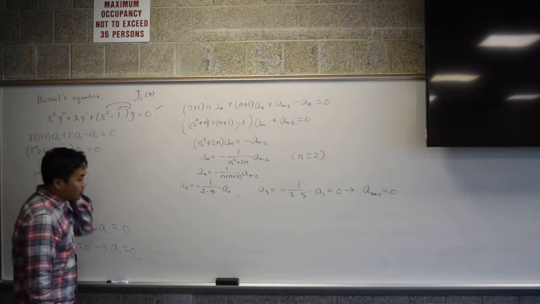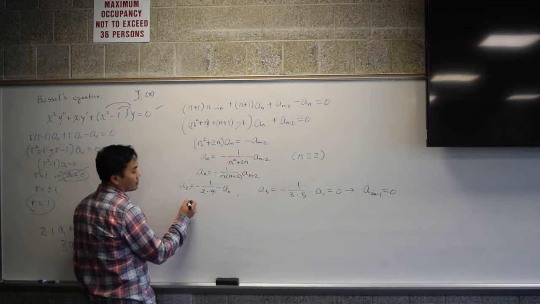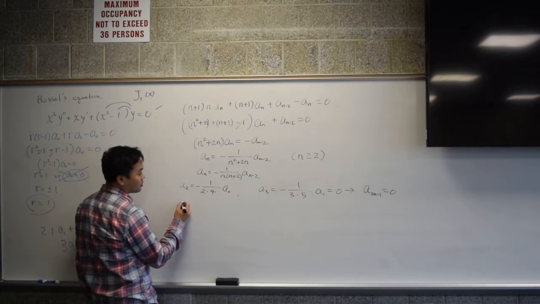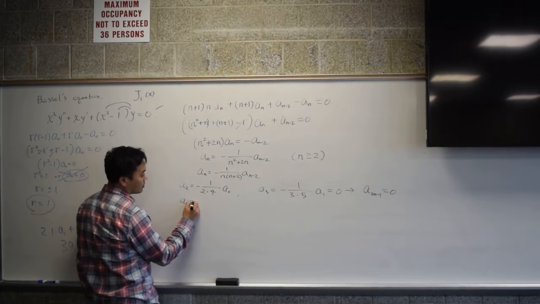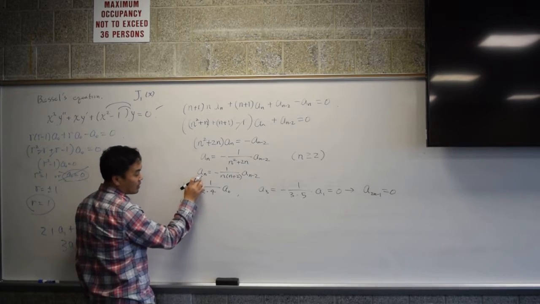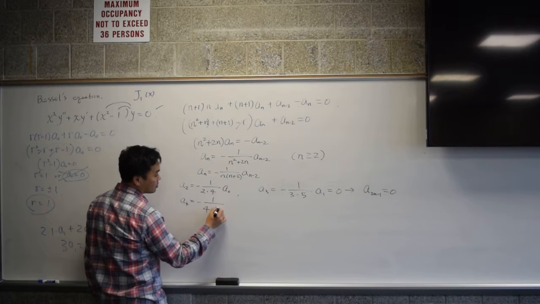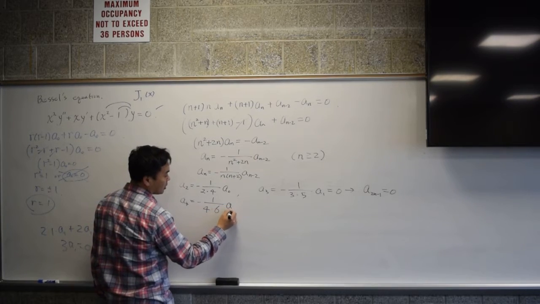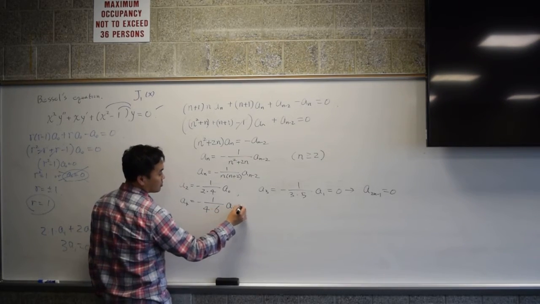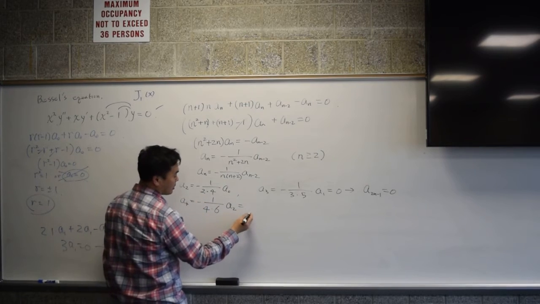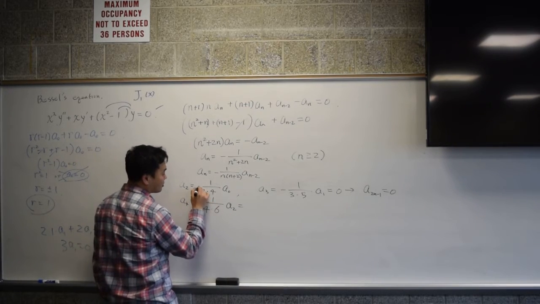All right, now let's move on to do the even ones. A4, that's the case when n is 4. That's negative 1 over 4 times 6 times A2. But since A2 is this thing, I now have negative times negative, which is positive.